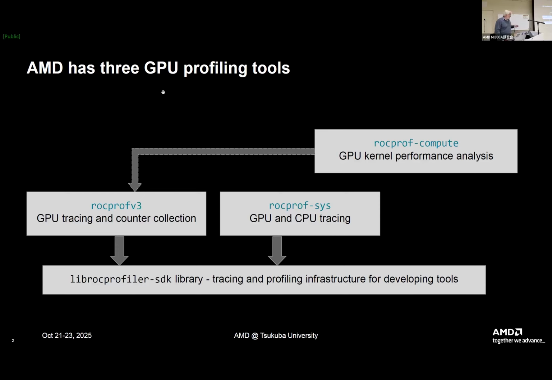So all of these now are built on this profiler software development kit library. And the tools are changing a lot because they're trying to make them more robust and use a common interface for all of them to get information from. And so a couple of these tools, Rocprofv Compute and Rocprofv3, came out of our research group.